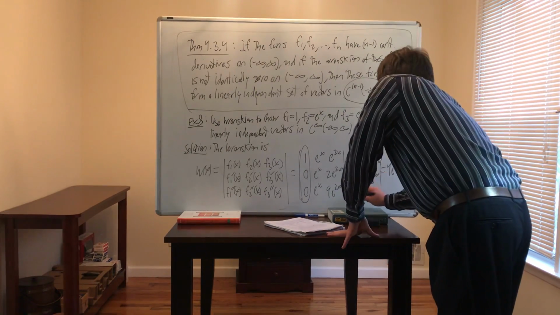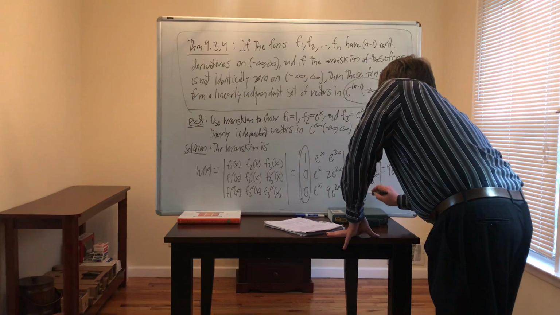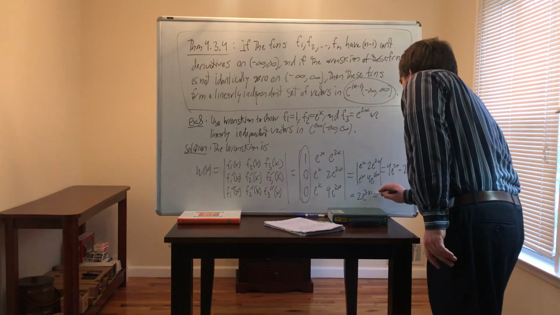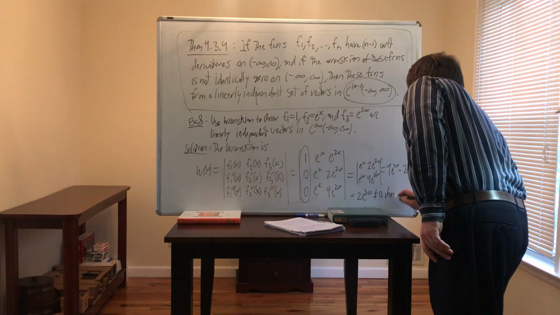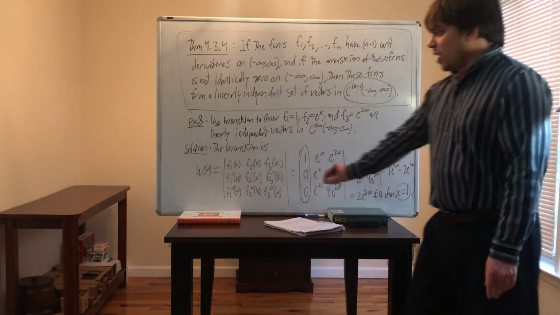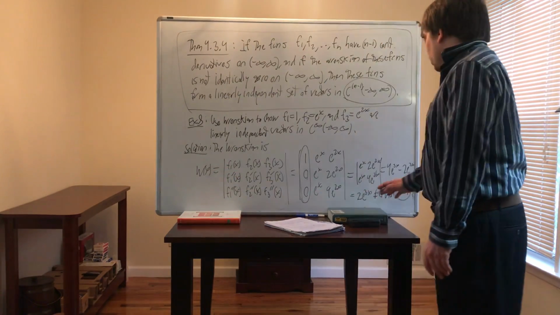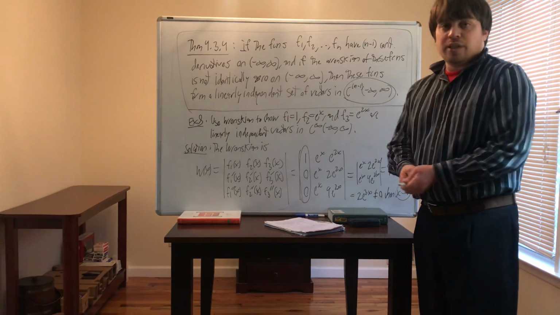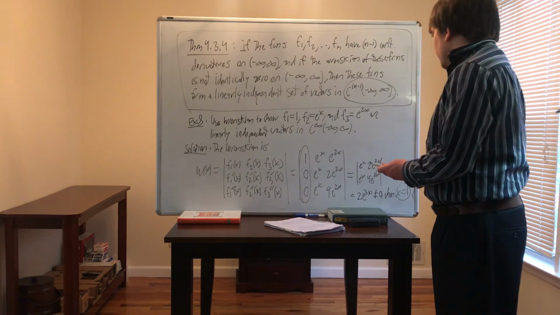And that's equal to 2e to the 3x. And that does not equal 0 when x is 1. Right, so when x is 1, the Wronskian is equal to 2e to the 3x, and when x is 1, you would get 2e cubed, which is non-zero.